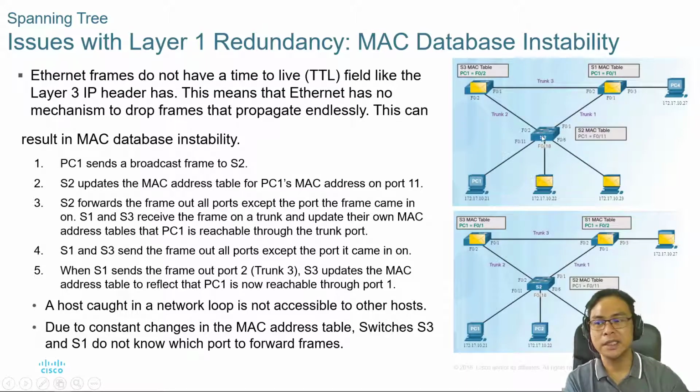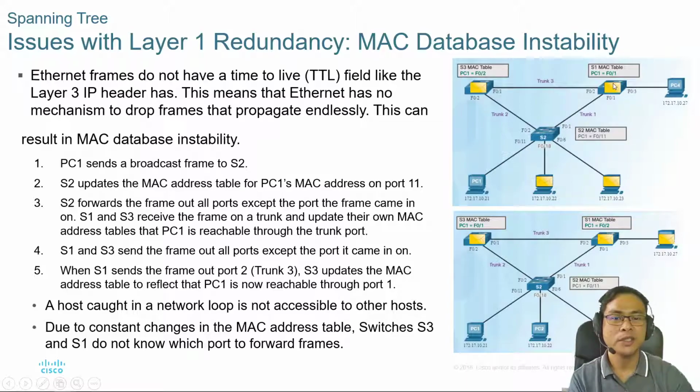But let's see. Of course, it's a broadcast. It went there. It also broadcast here. It also broadcast there. So now, what will be registered at S1? S1 will also create an entry in its MAC table that PC1 is also reachable via F01 of S1.